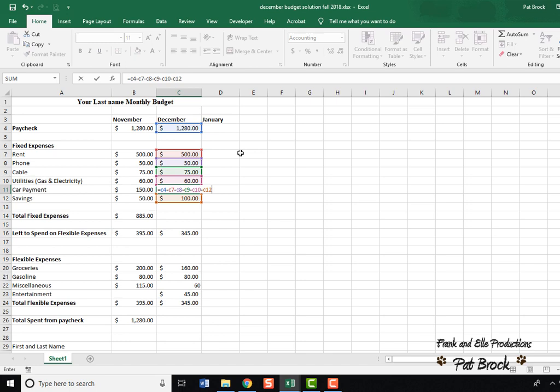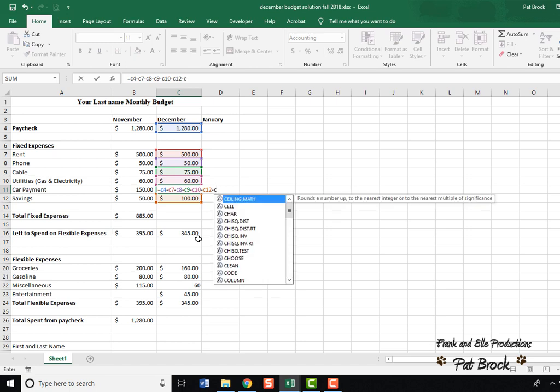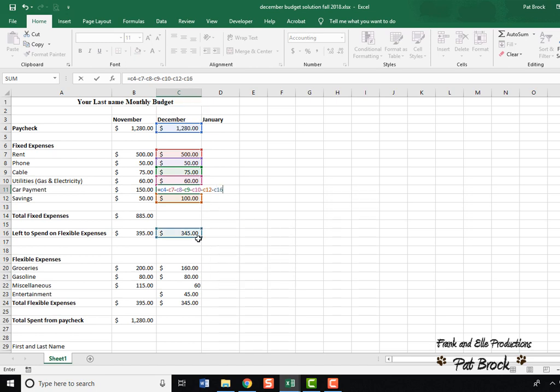Now, that just gives us our paycheck minus what we've spent up to now, but then we also have to count what else we have left to spend money on. 345 we're going to spend on flexibles. So just like we spent money on rent already, phone, cable, we've also spent money on flexibles. So we need to include this too, minus C16. Press the enter key and it's $150.